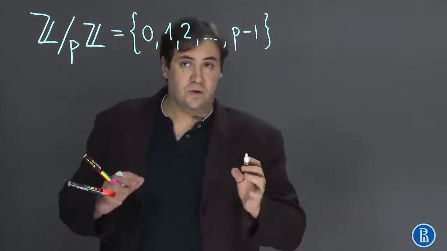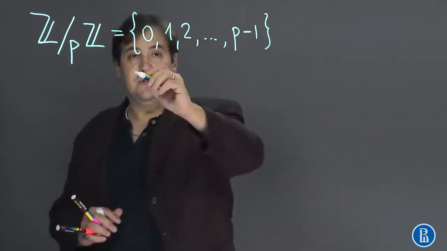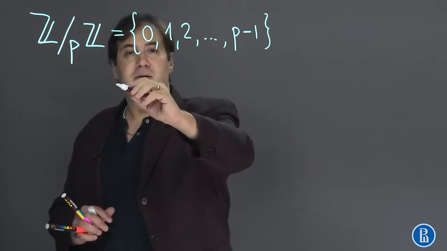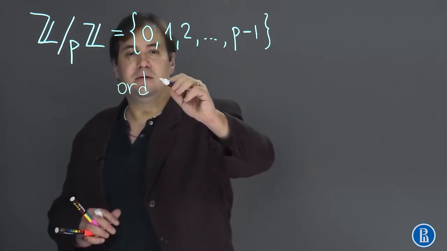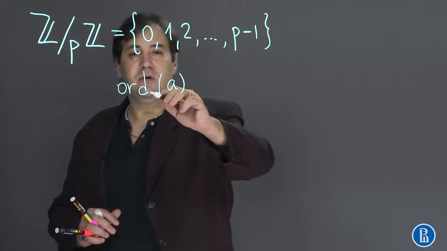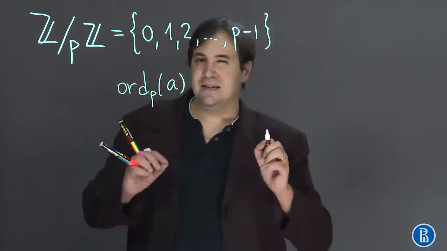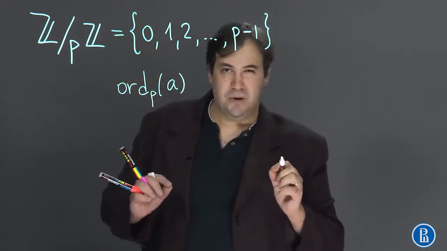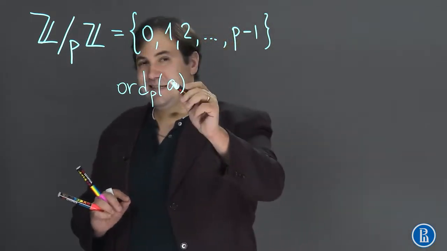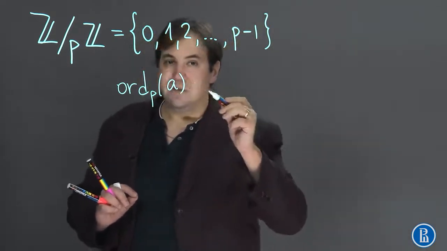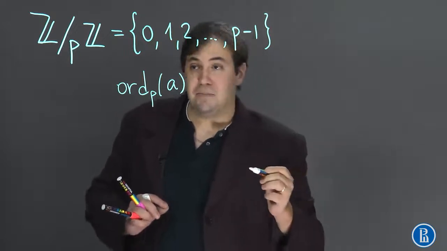And the order of an element modulo p is the least positive integer power to which we should raise this element in order to obtain 1 modulo p.